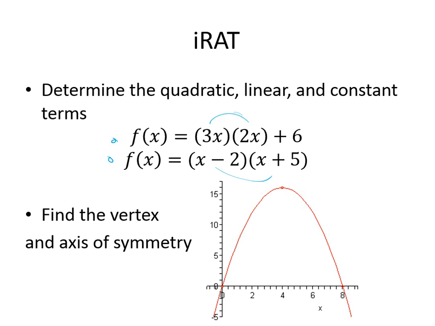And then the second one, you're going to use this graph right here and find the vertex, so find the turning point, approximate what it is, and then find the axis of symmetry. Again, your axis of symmetry is a vertical line, which means your answer is going to be x equals some number. So that's going to be your IRAT.